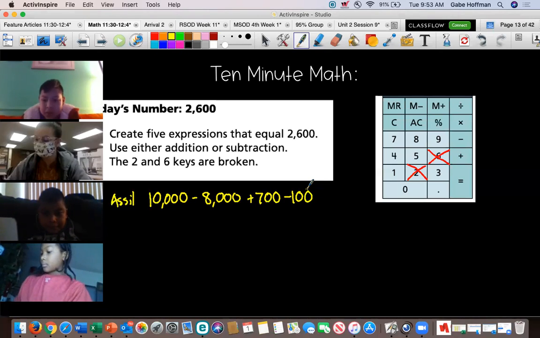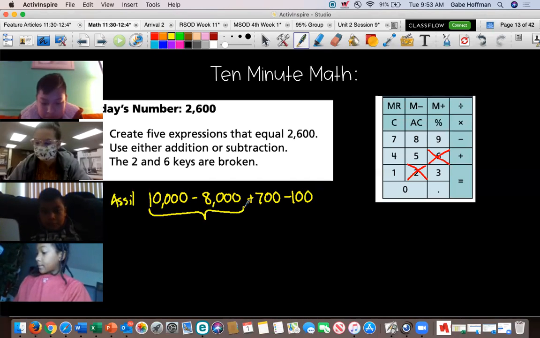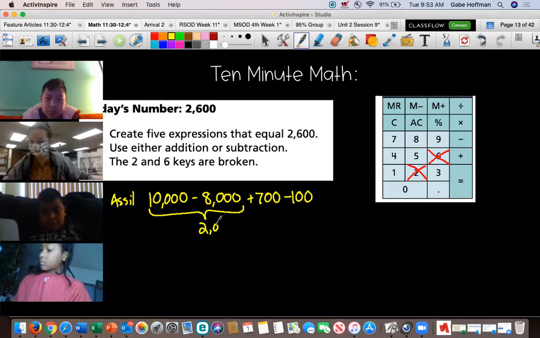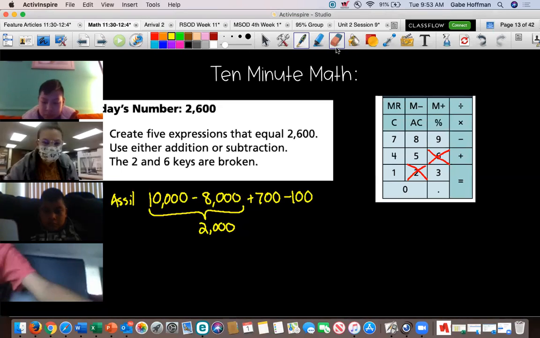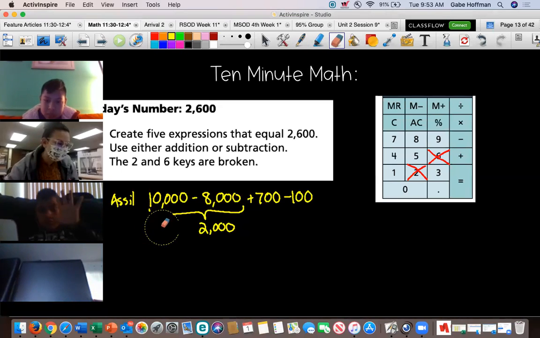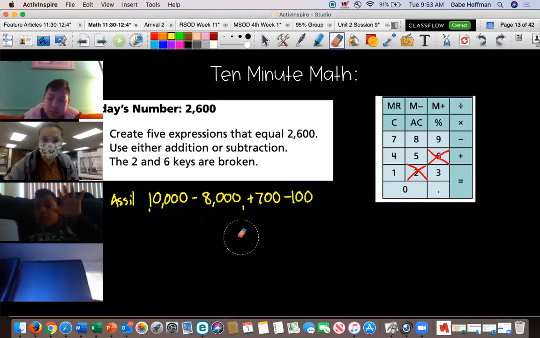Asil, when you do 10,000 minus 8,000, what does that give you? 2,000. 2,000, very good. Then when you add 2,000 plus 700, that gives you 2,700. And when you take 100 away, you end up with 2,600. Very good.